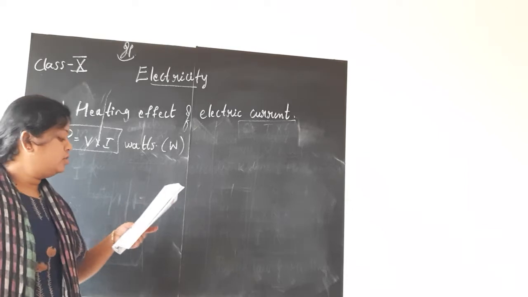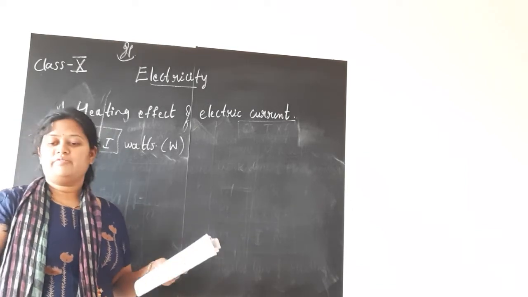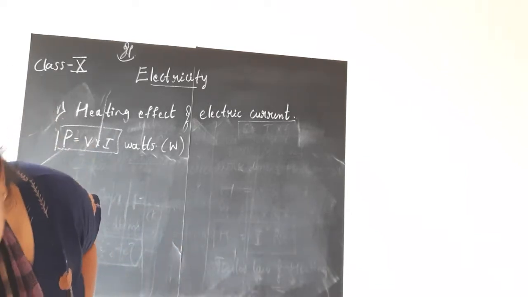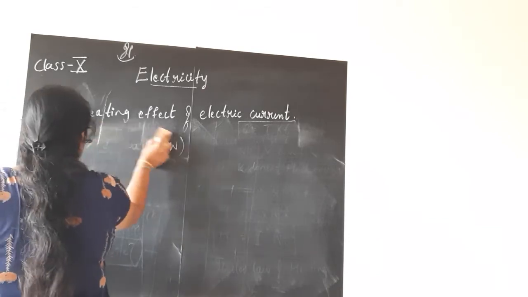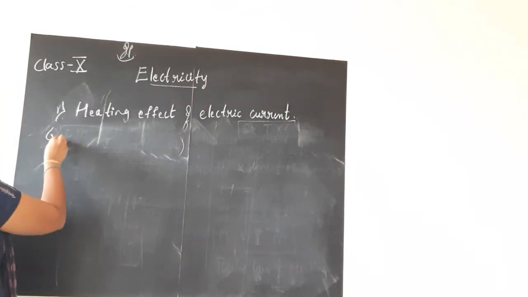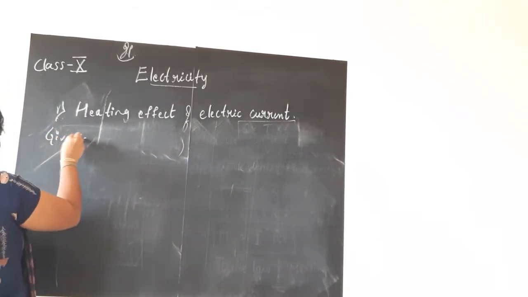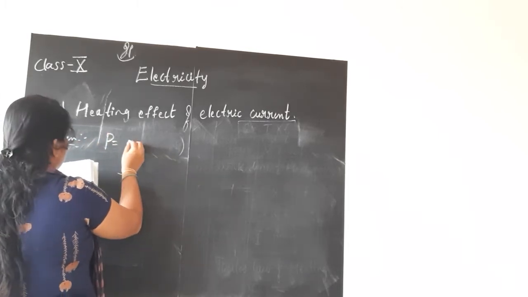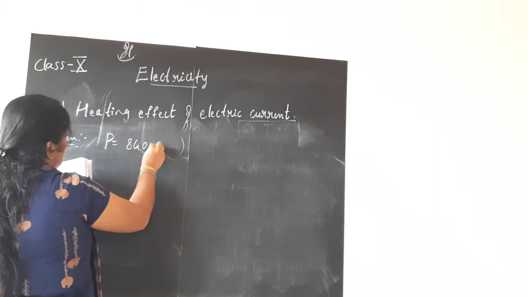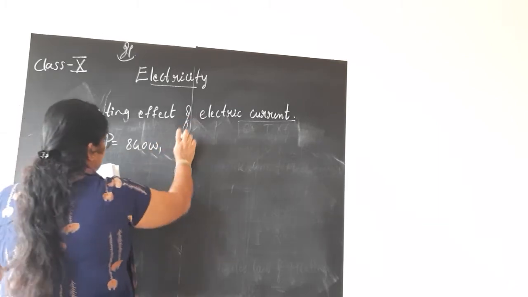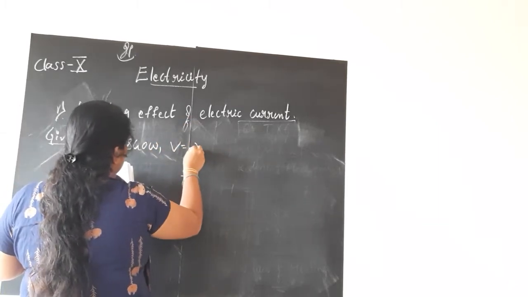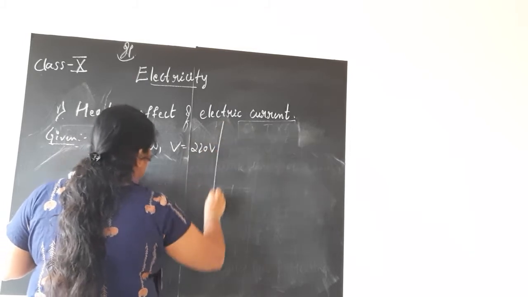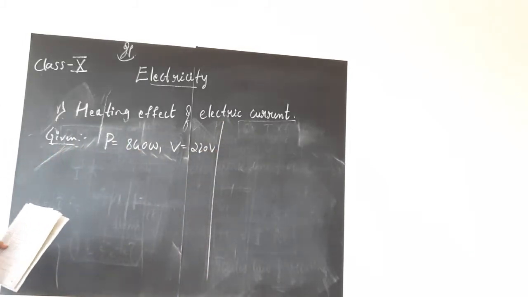For that, two parts are there. So first let us do the first part. As usual, let us write the given data first. Power is 840 watts for the first case, and voltage V is 220 volts.